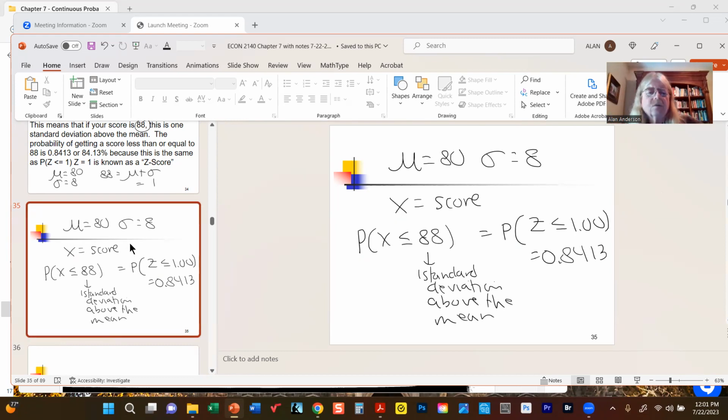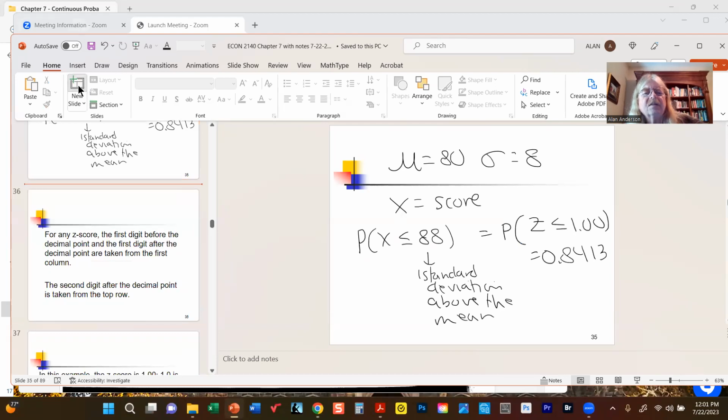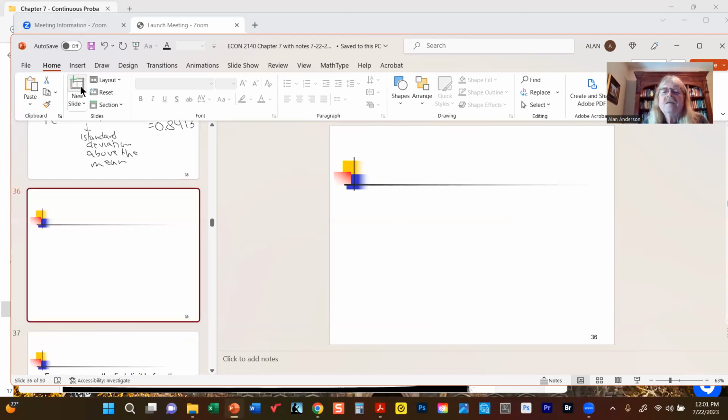Now, in general, though, there's a formula you can use to do this directly. And we'll get back to this later on anyway, so I'll show it to you now.